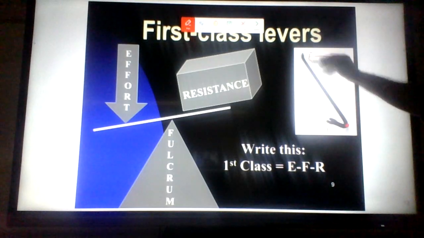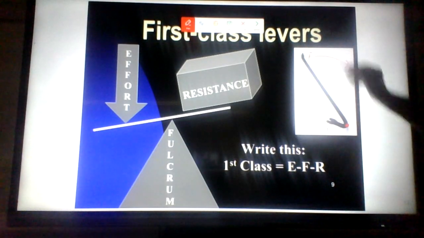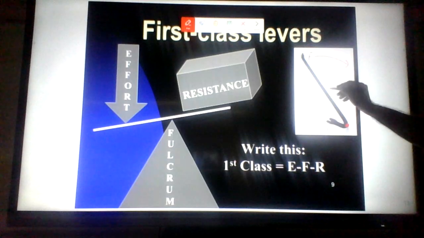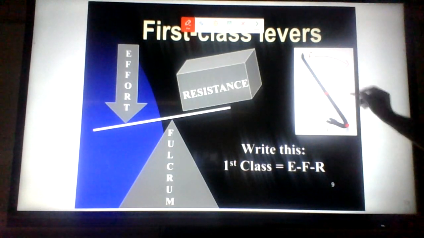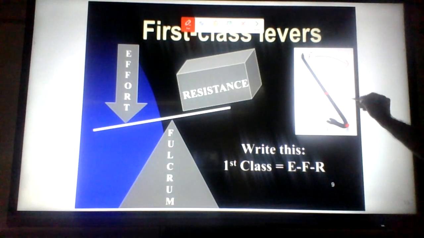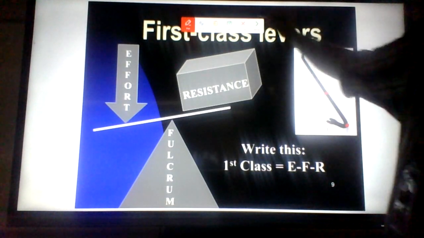And again, the longer the effort arm, the easier it is to use that machine. Less effort over a longer distance. If we tried to pull here, that's going to be harder to do. So I'll make that dotted. But if we pull out toward the end, that's going to be easier to do. Lab activities coming up will show that.